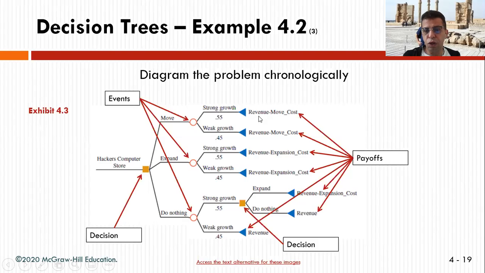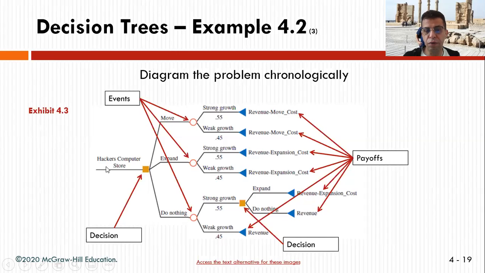In the first one, we have revenue minus move minus cost, and the chance of 55%. And you have weak growth, if your growth is 45%. It's the same thing, applicable percentage-wise.